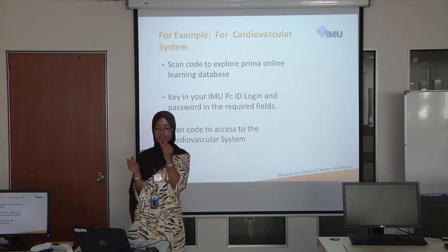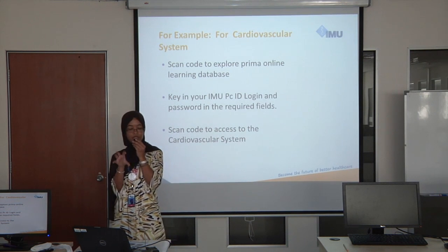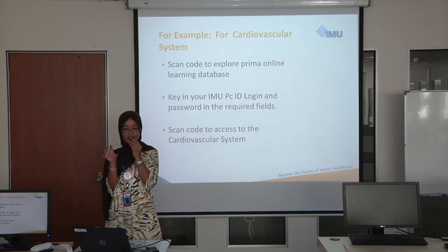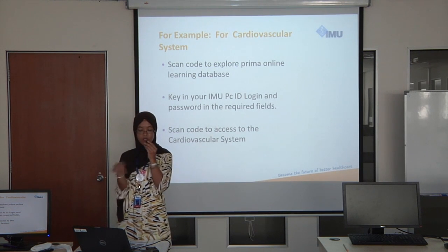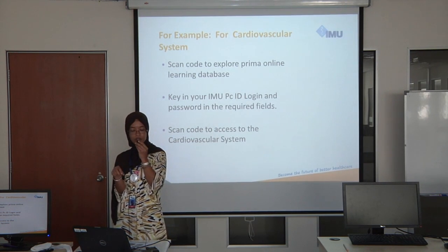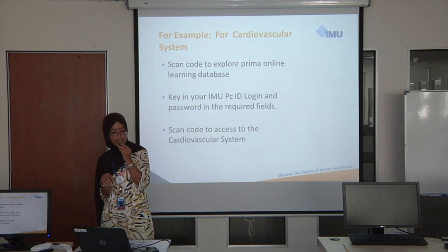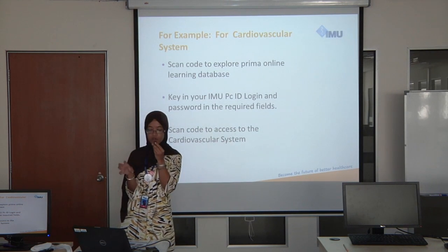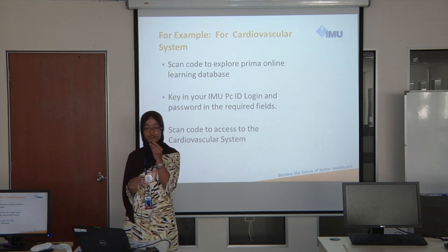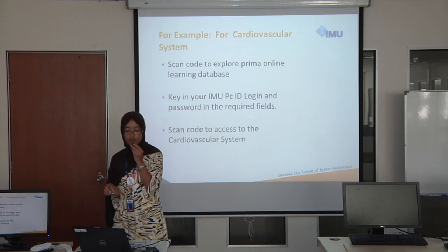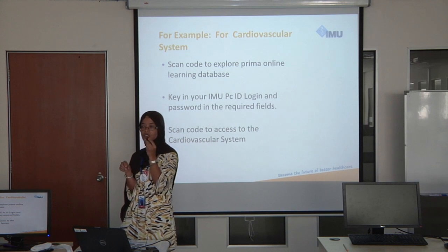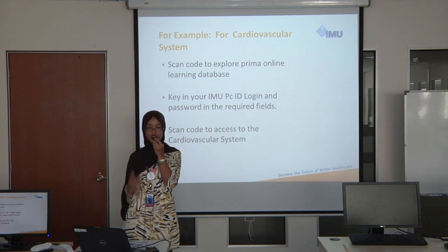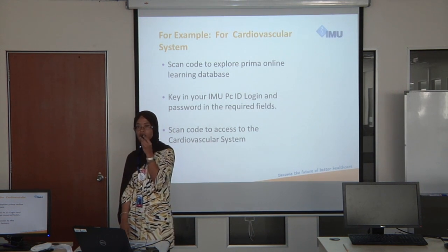First you scan the code to go to the main website, and they will prompt you with the PC ID login. You key in your ID login and get into the website, and then you scan the second code, which takes you straight to the system that you are interested in. So that's how I have used QR codes in the museum.